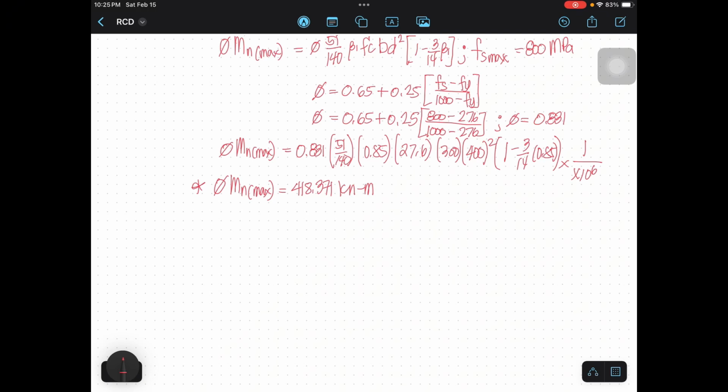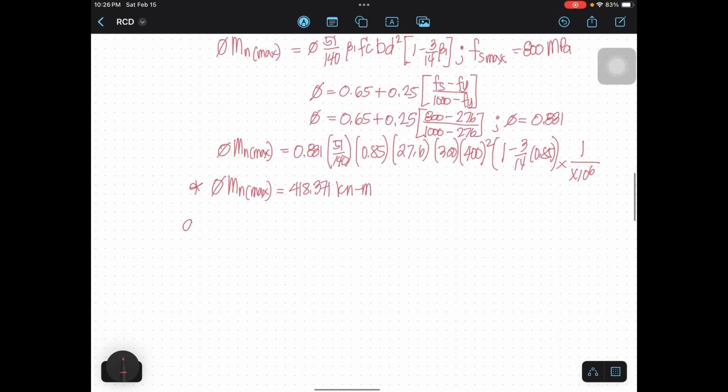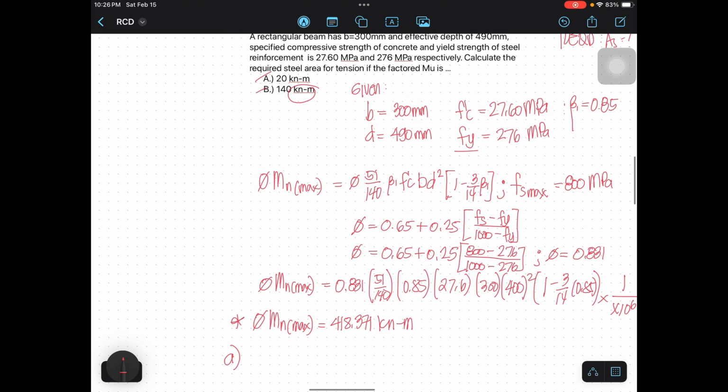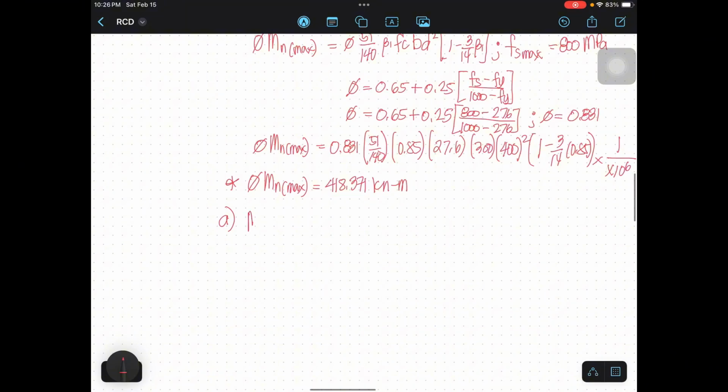Whereas kapag mas malaki naman yung factored moment compare sa ating maximum moment capacity, therefore nasa doubly reinforced beam type of problem tayo. Okay? So solve natin yung letter A. Mu is 20 kilonewton meter, wherein ito ay less than the maximum moment capacity.